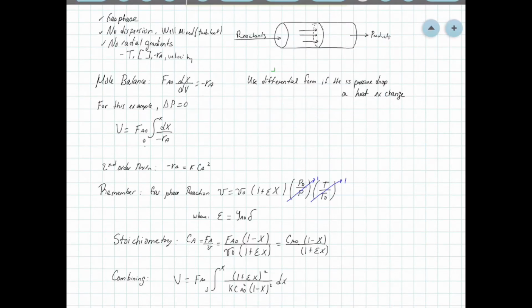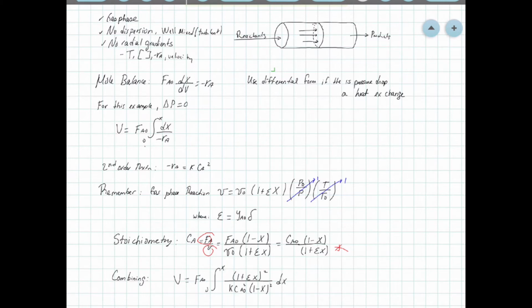Now we get from stoichiometry the definition of the concentration at the exit of the reactor. We substitute the definition for FA and the definition for the volumetric flow rate for a gas phase reaction. After we simplify, we end up with an expression involving the initial concentration of the reactant and the conversion of the reactant.